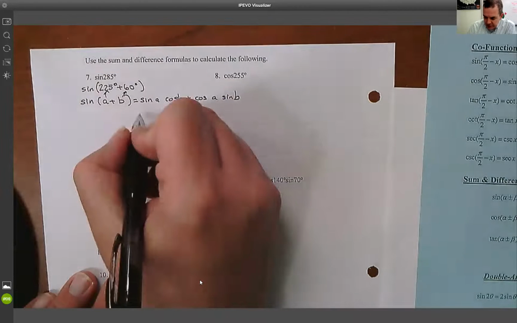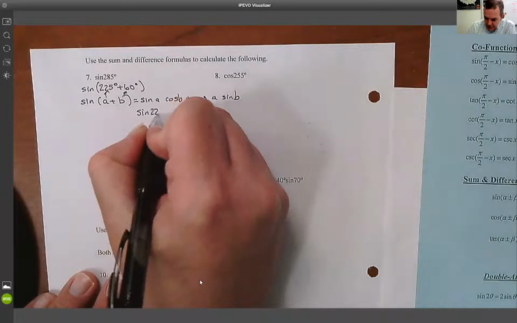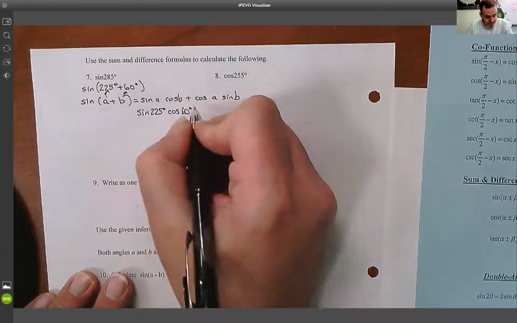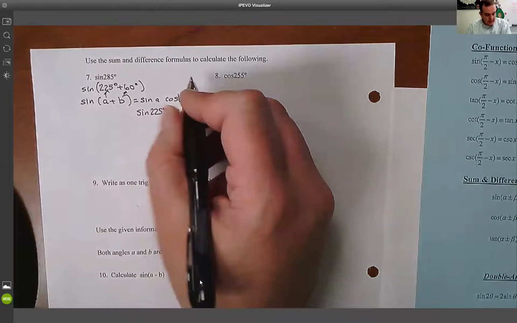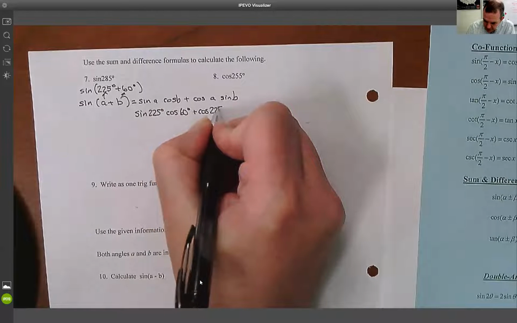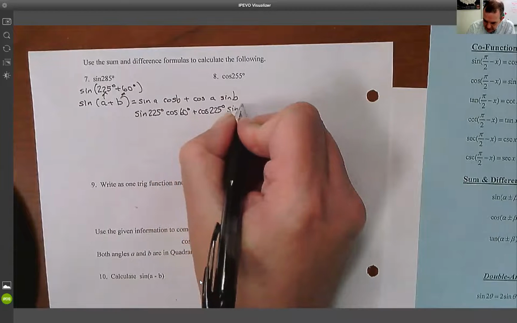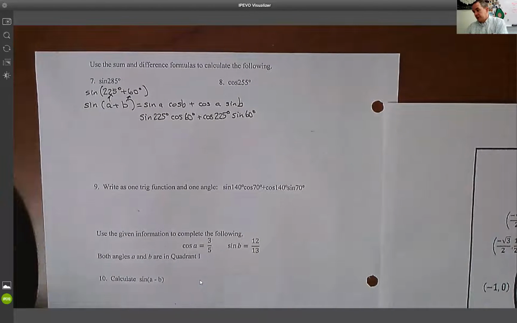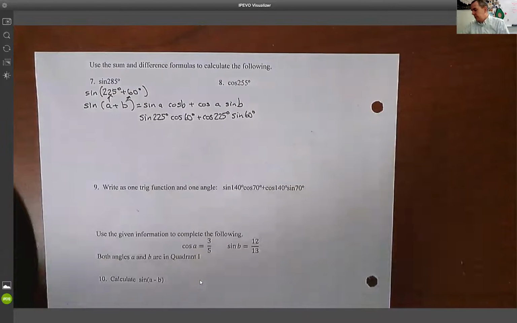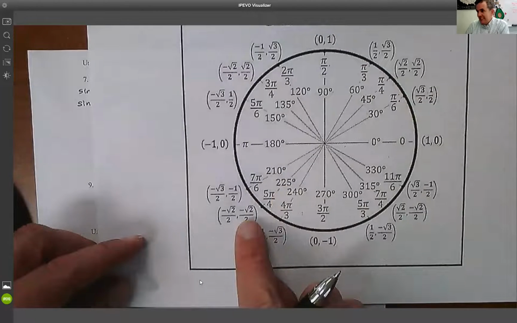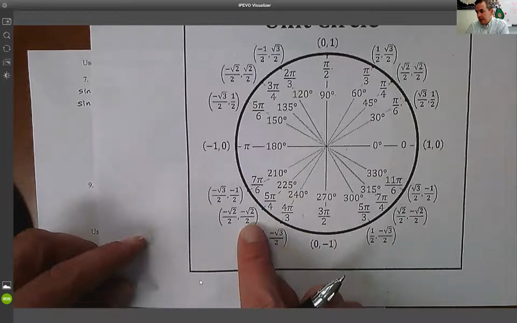And I just rewrite this as sine of 225 degrees cosine of 60 degrees plus cosine of 225 degrees sine of 60 degrees. And now I'm going to read my unit circle, and look for what the sine of 225 is. Well, here's 225. Sine is the second part, the y part.